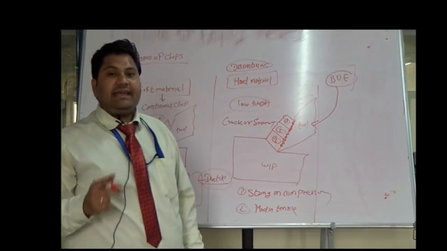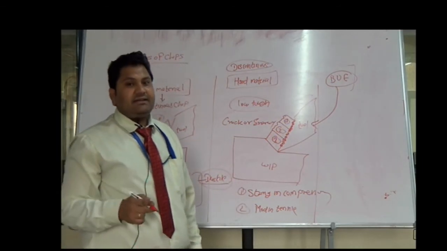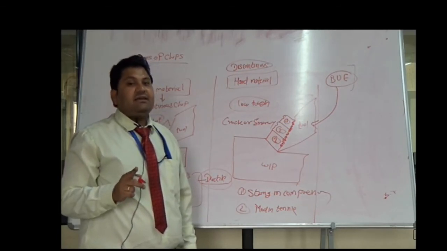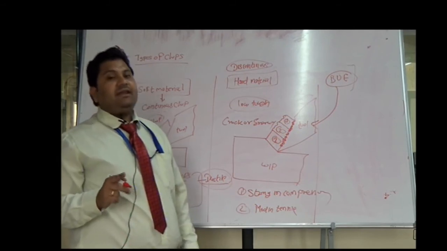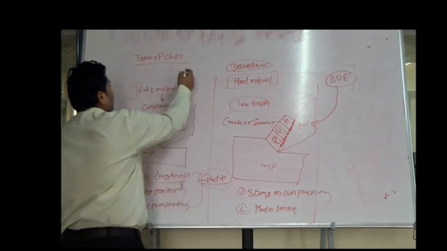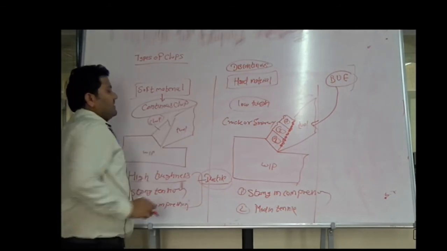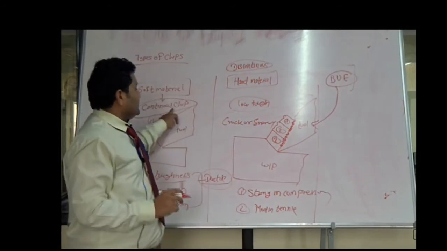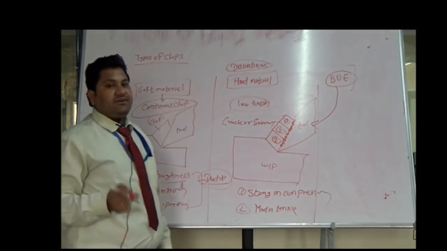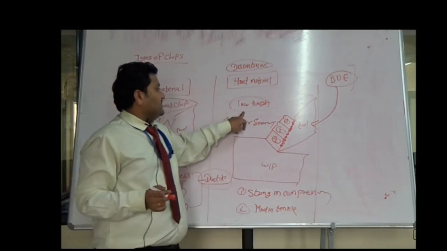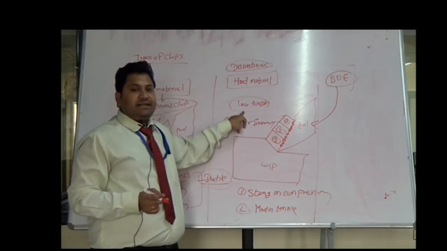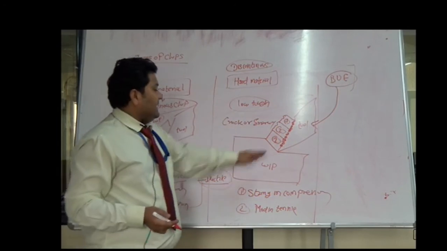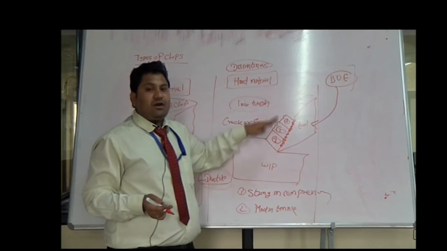One important point is that the built up edge happens only in the case of continuous chips. Remember that the built up edge is formed only with continuous chips. What is the reason? Because of low toughness, energy wave propagation takes place and a crack wave develops, and the material gets thrown away from the workpiece.